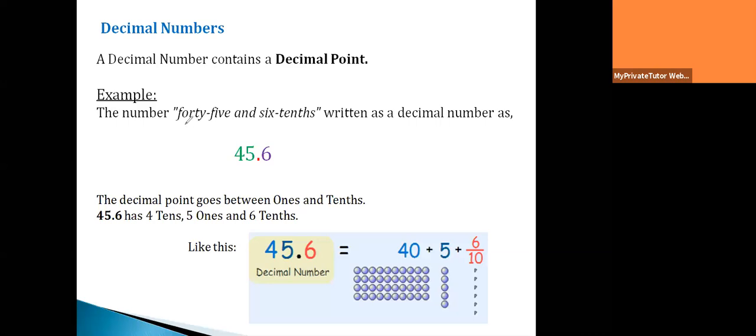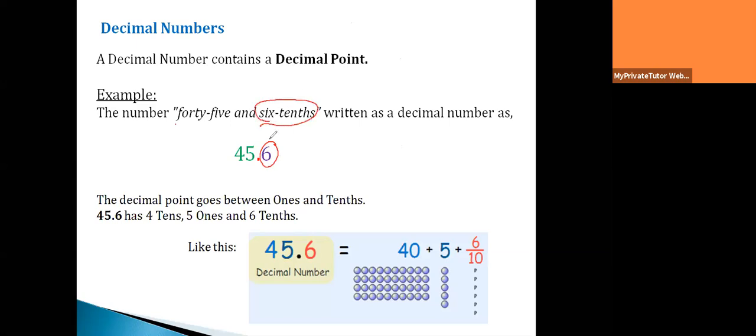See here in this example, 45. See how we describe this. Everyone knows how to write the numbers, right? Let's say 45 or 90, everyone knows how to write. But after the decimal, how do we describe it in a sentence, in word format? See, 6 is nothing but 6 tenths.